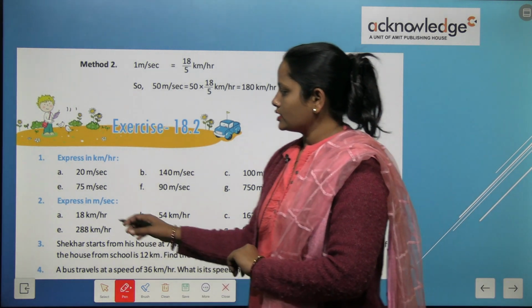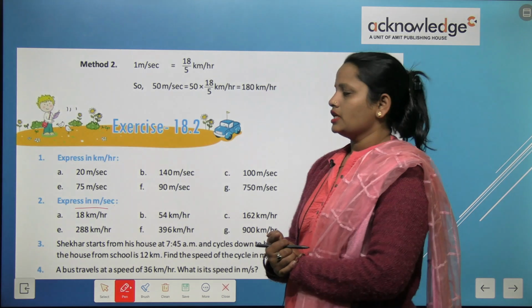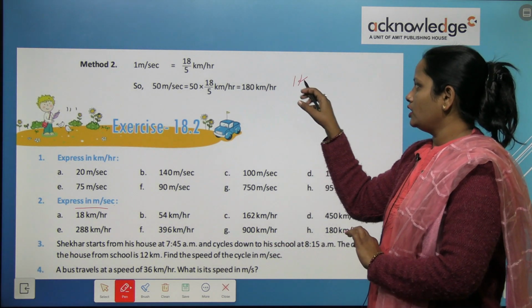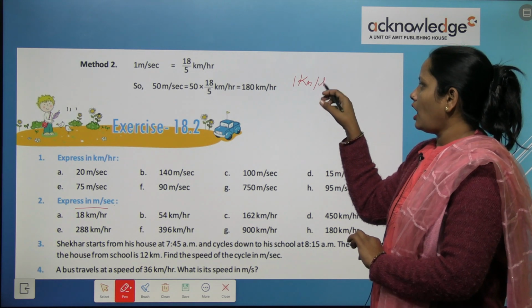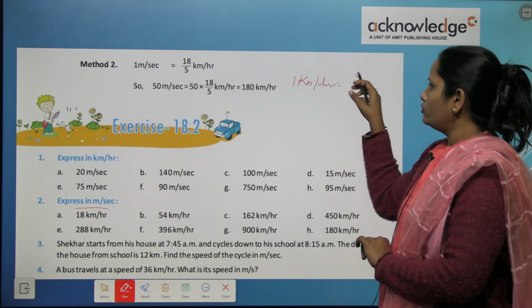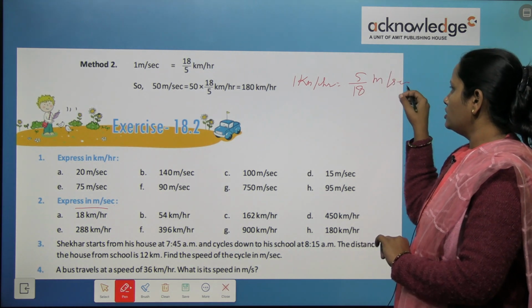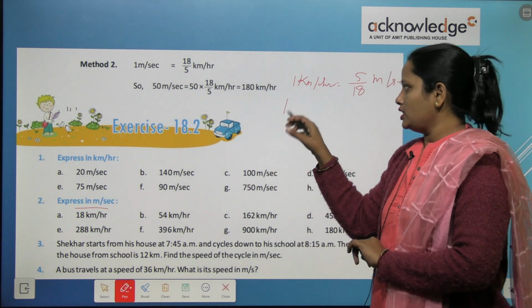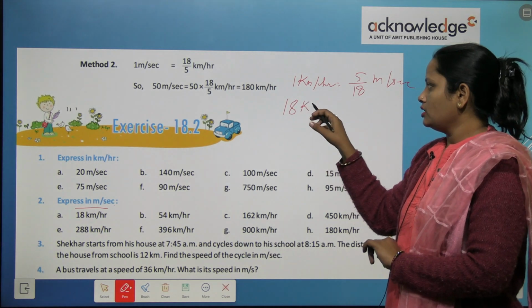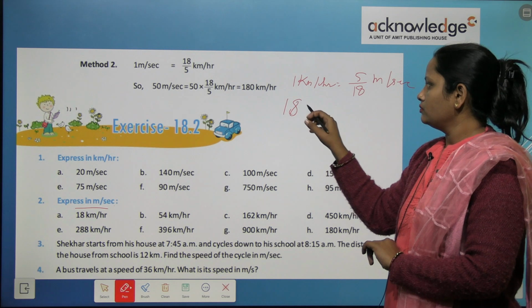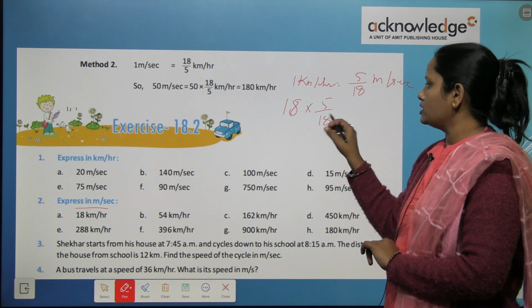Now, the next question is we have to express this number in meter per second. 1 kilometer per hour is equal to 5 upon 18 meter per second. So for 18 kilometer per hour, we have to multiply this 18 by 5 upon 18.